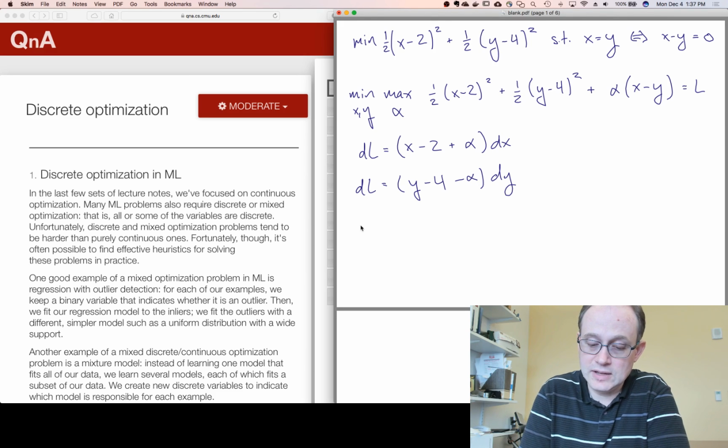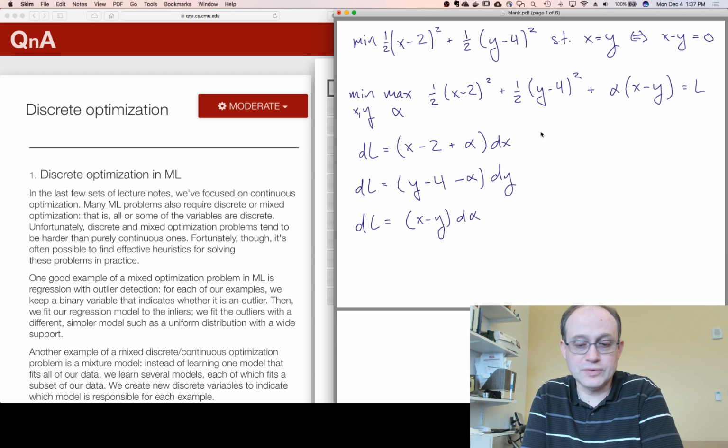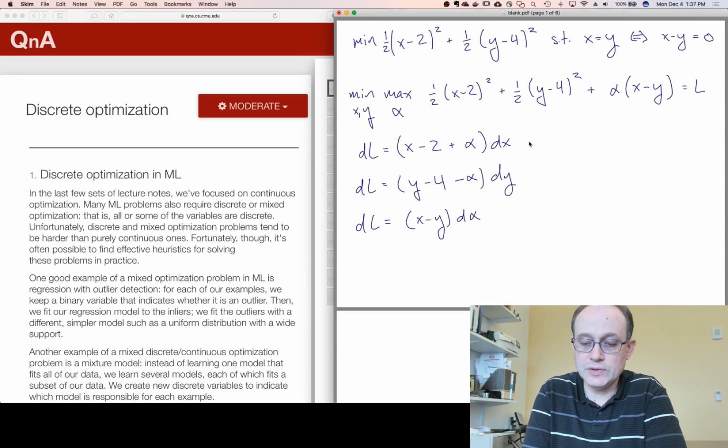And then in terms of alpha, dL is equal to x minus y, d alpha. So here I've just used the standard rules for differentials to differentiate L with respect to x, y, and alpha, and so we differentiate and set to 0.